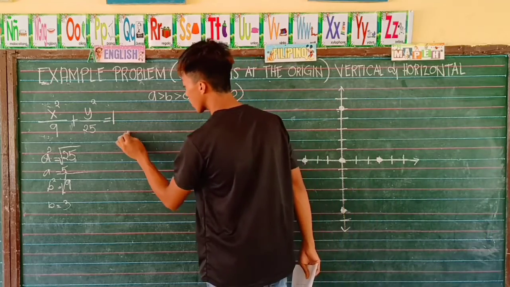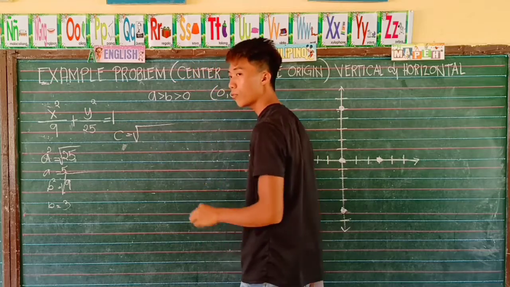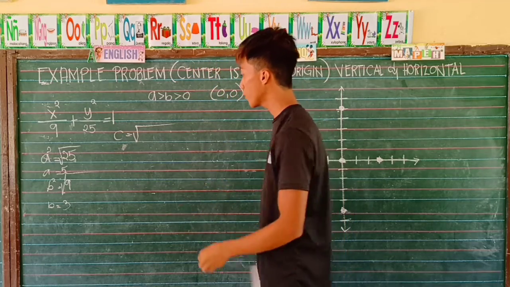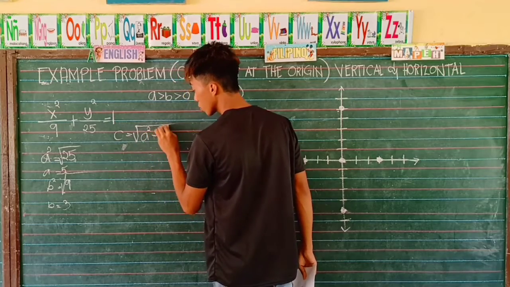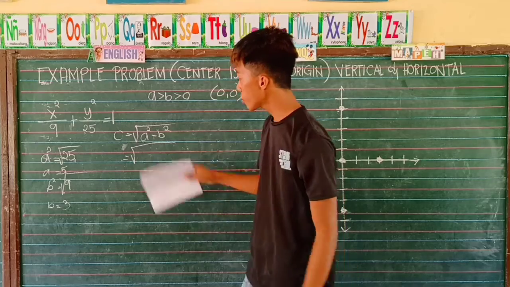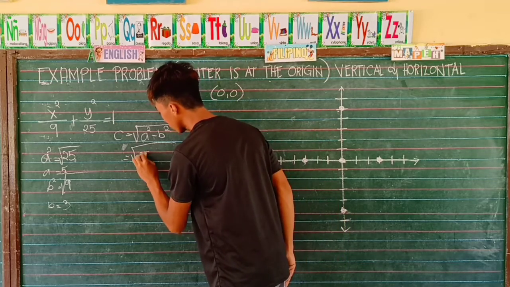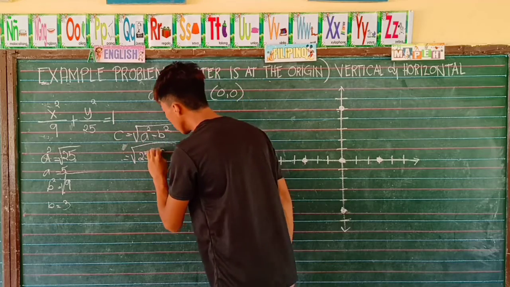Proceed this sa value sa atong C, which the formula for finding the value of C is equal to the square root of A squared minus B squared. The value of A squared equals 25 minus our value of B squared is 9.